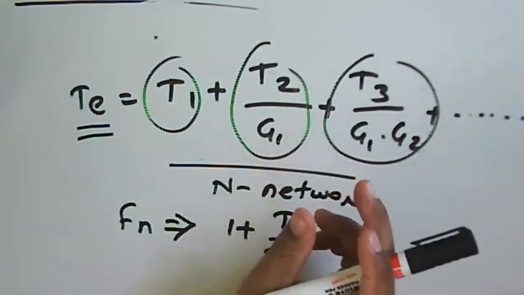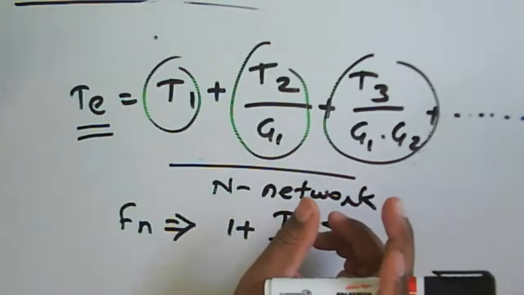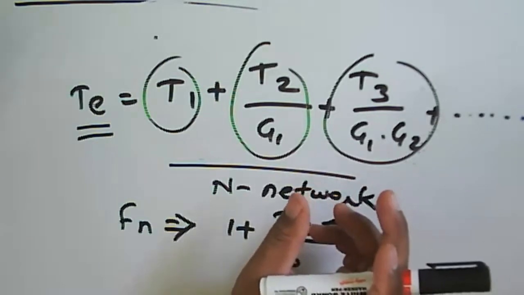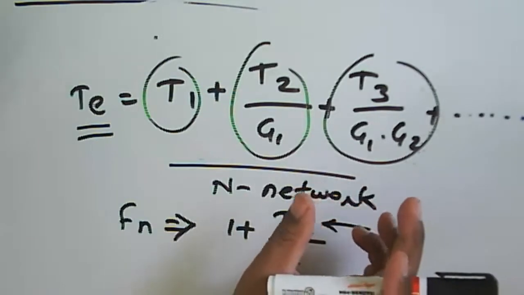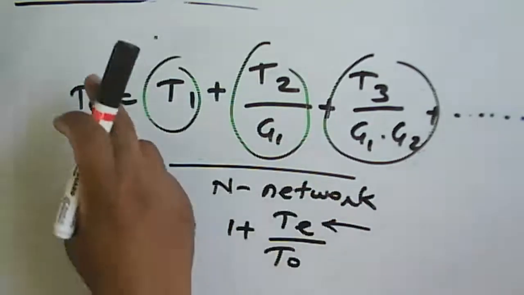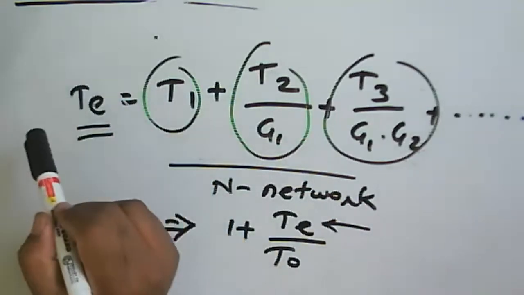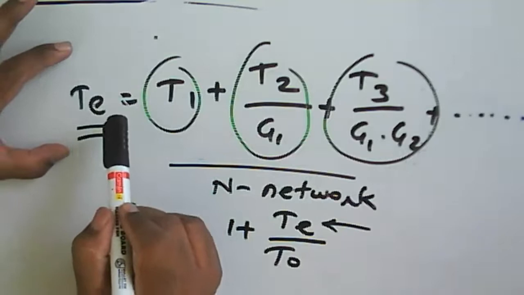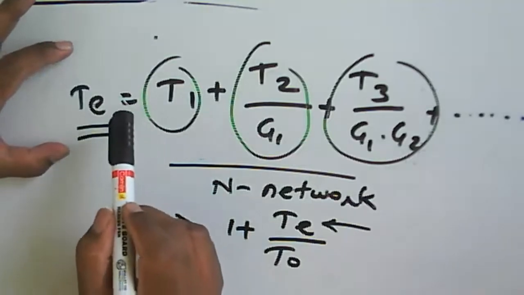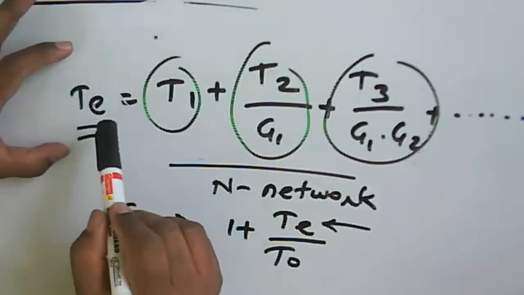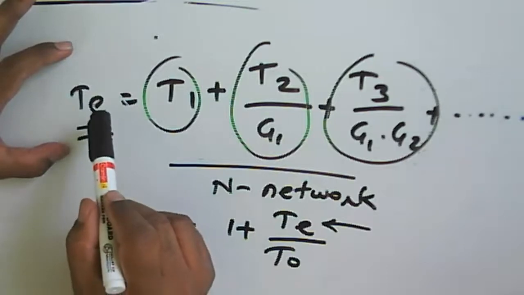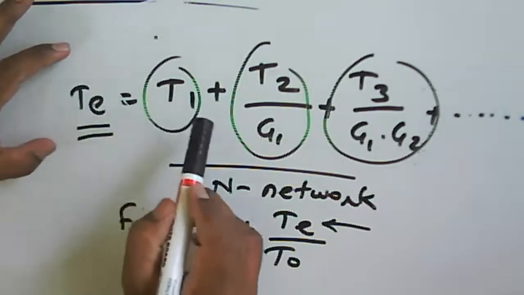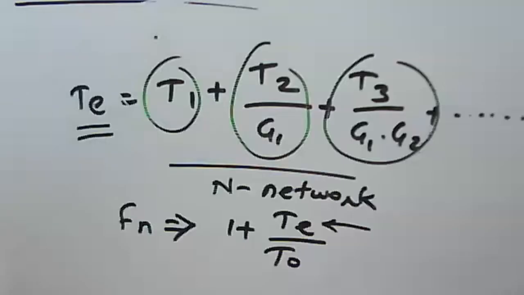So noise figure we can calculate with respect to the system temperature. We can minimize the receiver noise figure by increasing the gain of the components there.